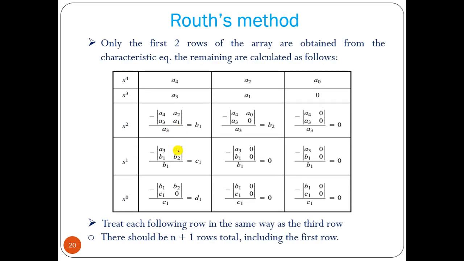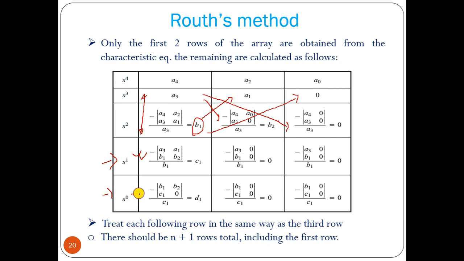Now this is the way we follow for the next row. We have to find the value of this row. We take the previous two rows and then apply the same formula. So (b1·a1 − a3·b2) divided by b1, then (b1·0 − a3·0) divided by b1, like that.